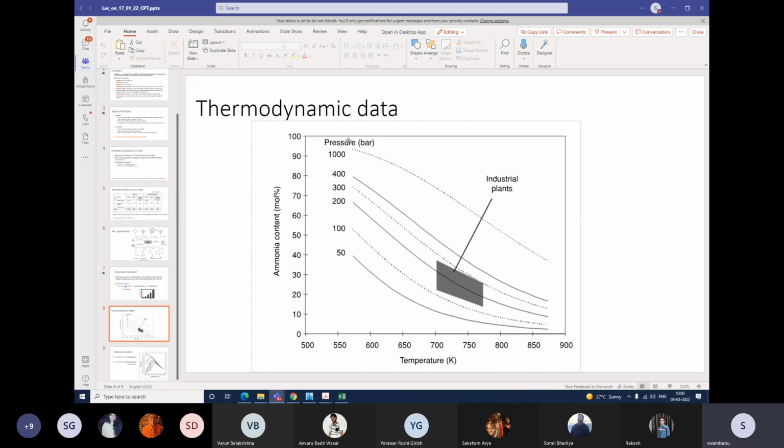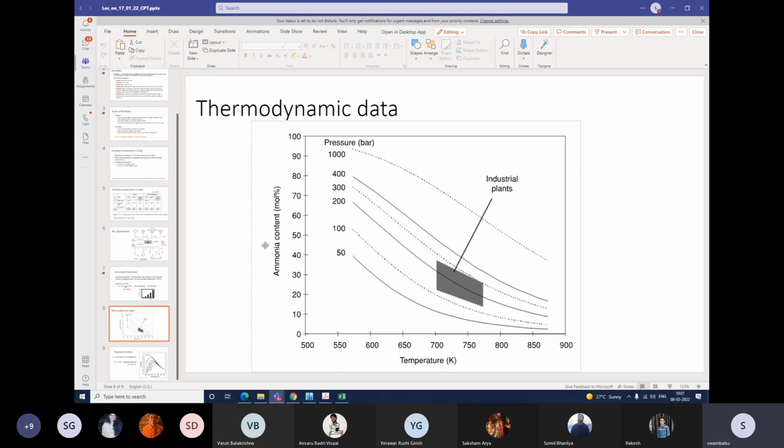If you get, at different pressures and different temperatures, the composition, that is the ammonia mole fractions, we can get this thermodynamic data. For industrial plants, at what temperature and at what pressure we should operate, and the whole design of that reactor, one of the important pieces of information we need is from this thermodynamic data.